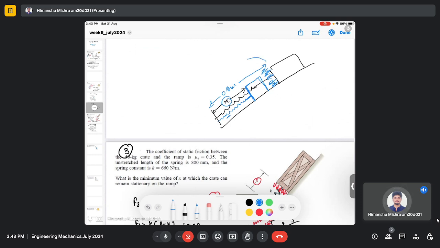So gravity is moving the block in the left direction, and there is an opposite force acting in the form of spring force in the right direction, and it is balancing the block. So the length of the spring in that case is denoted by X when the block stops moving, and we need to find this X. We need to find this compressed length of the spring.